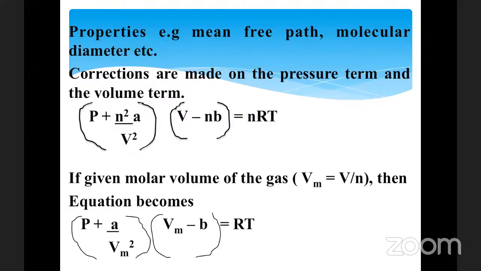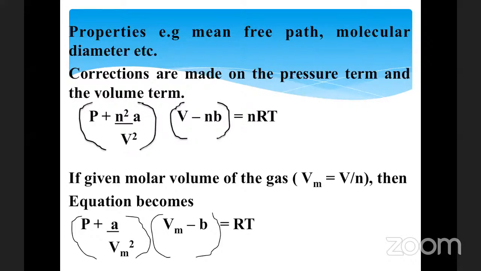And so P plus, we said PV equals nRT. Now we are bringing in a correction factor for both the P and the V, the pressure and the volume. So n squared a over V squared is the correction for the pressure, while minus nb means we subtract to get the exact volume of the gas.